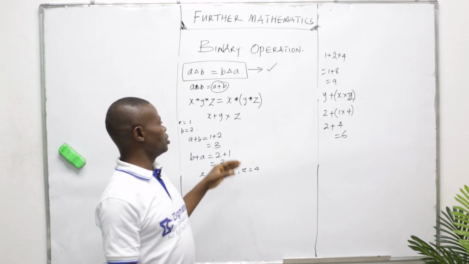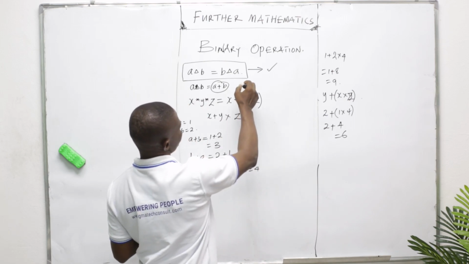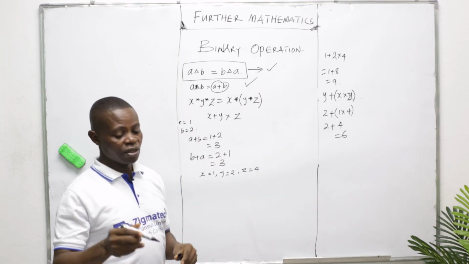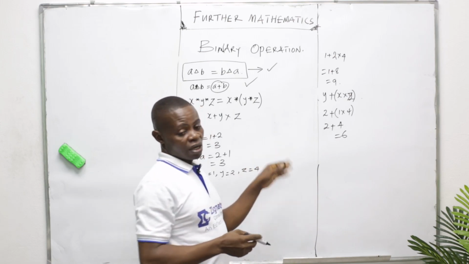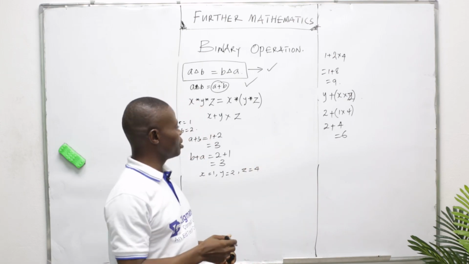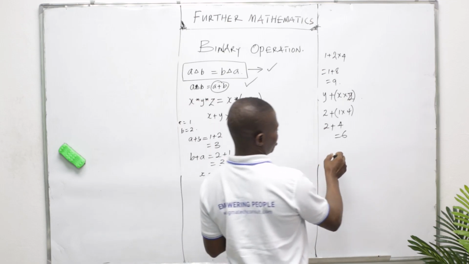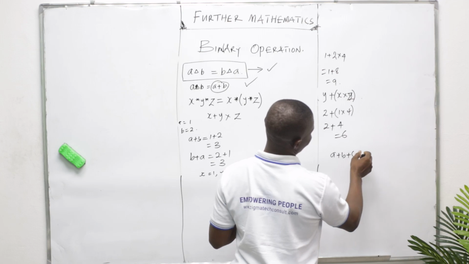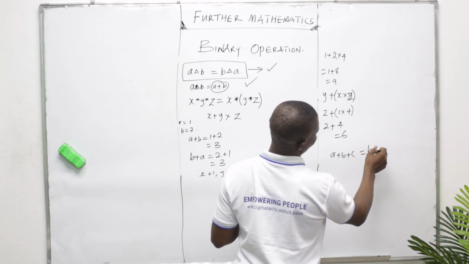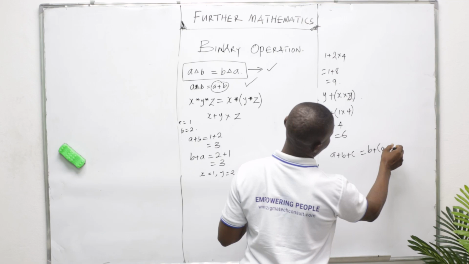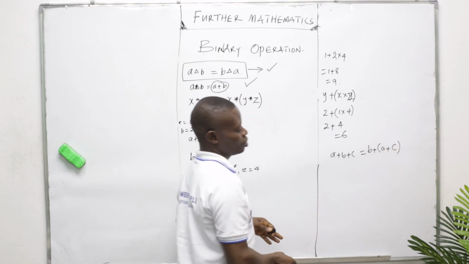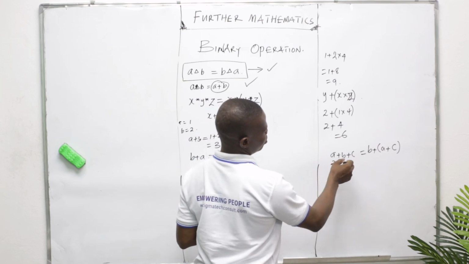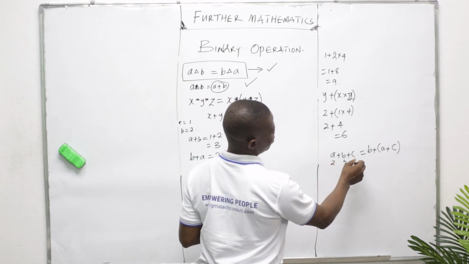Distributive is almost the same thing with commutativity. It's just that at times in distributive, you can have minus and plus all together. Let's say A plus B plus C. Here we now have B plus bracket A plus C. When we assign values to this, if A is 2, B is 3, C is 4.